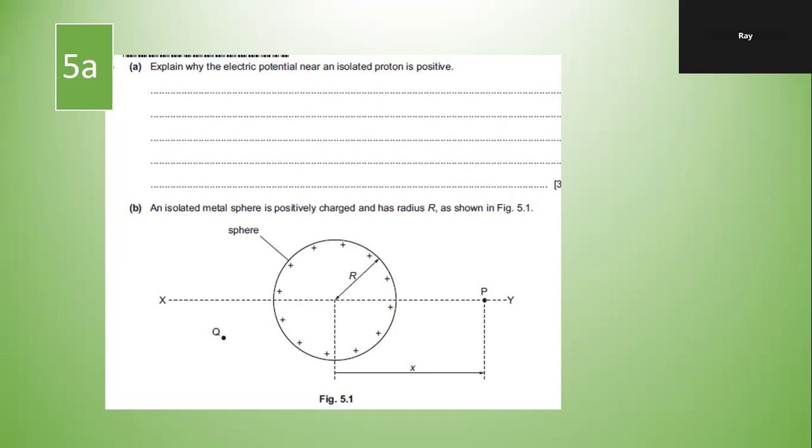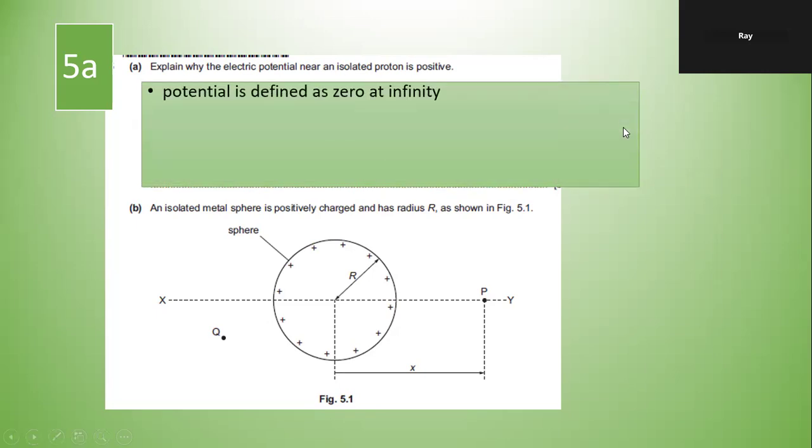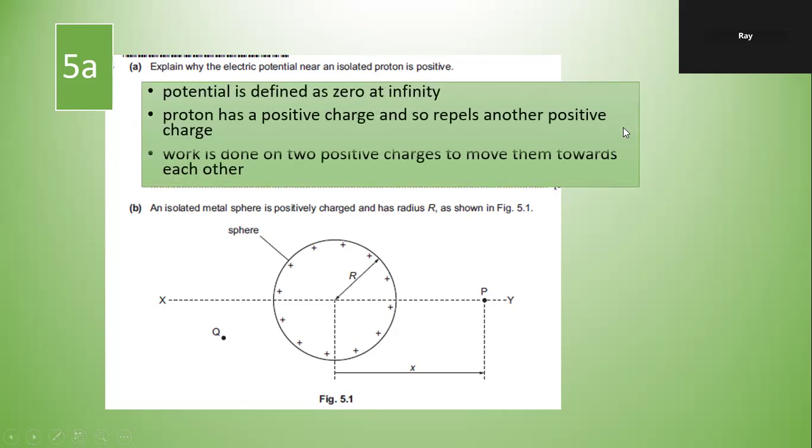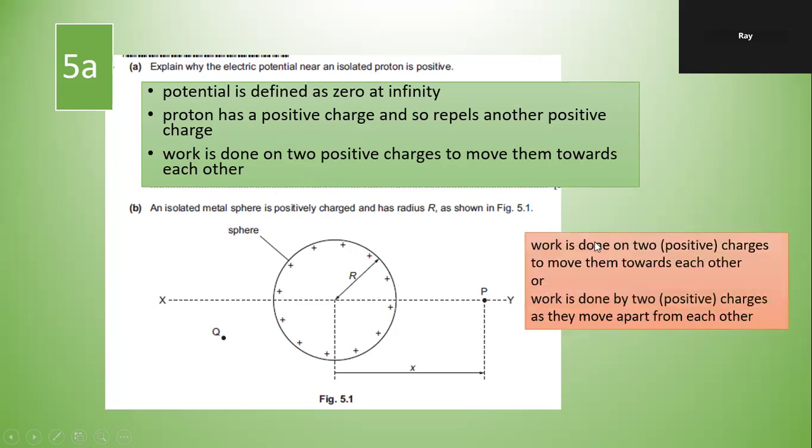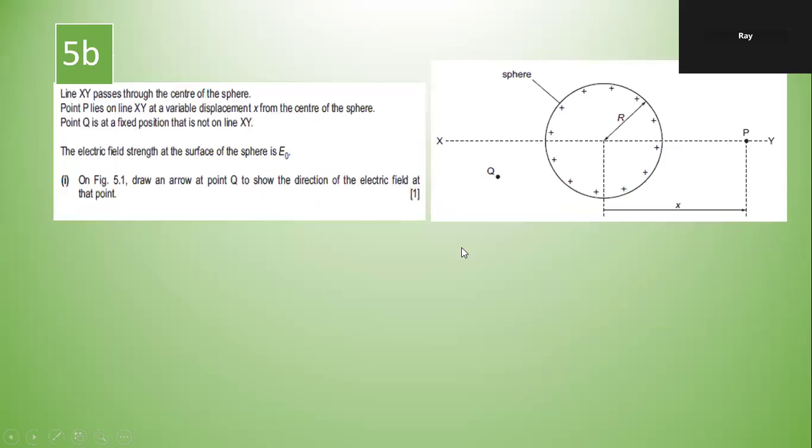So what must be done on the two positive charges? You have to do work on them to bring them close to each other. Work is done on two positive charges to move them towards each other. Or separate them, that's the alternative answer.